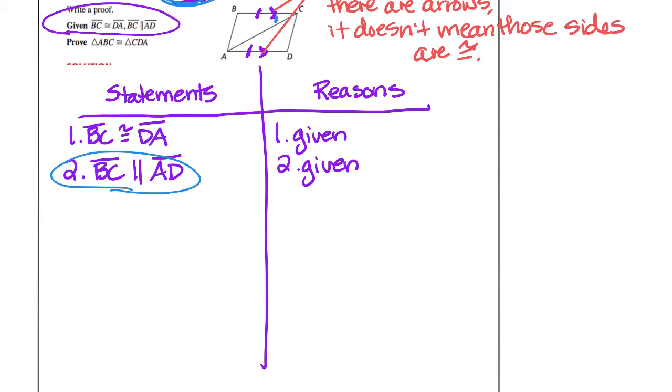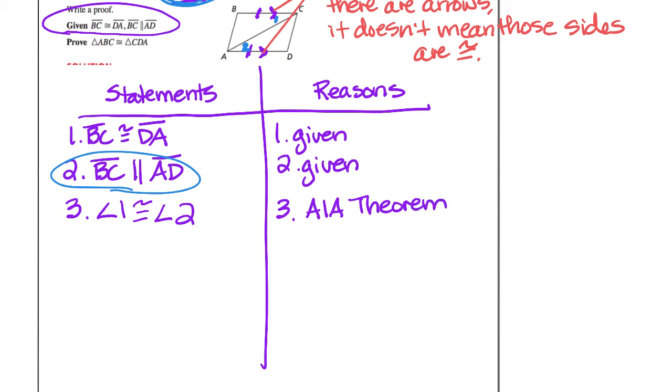I'm going to put a 1 here and a 2 here, and you are always welcome to use 3 letters to name the angle. But in this case, by putting the 1 there, I can say angle 1 is congruent to angle 2. And the reason for that is the alternate interior angle theorem.